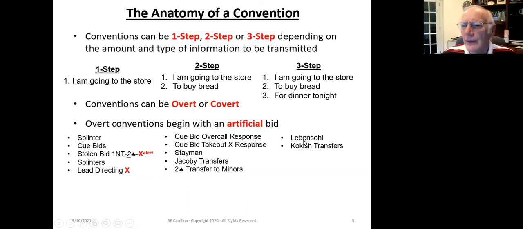Two examples are Lebensohl conventions, which are used in multiple cases throughout bridge, after opener reverses, after interference with one no trump, and several other places, and Kokish transfers. I don't want to get into the details of those because they're complex, but I want you to know that they exist. So we have 1-step, 2-step, and 3-step conventions.